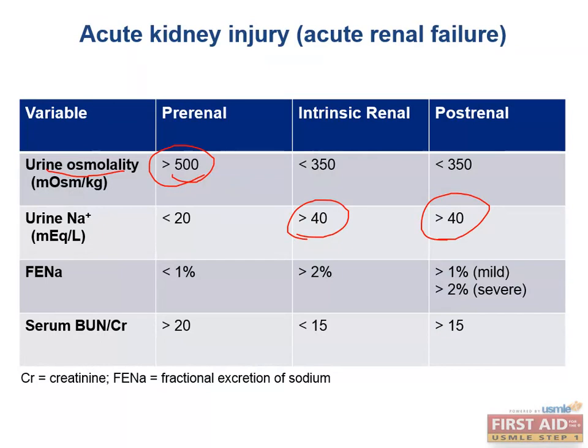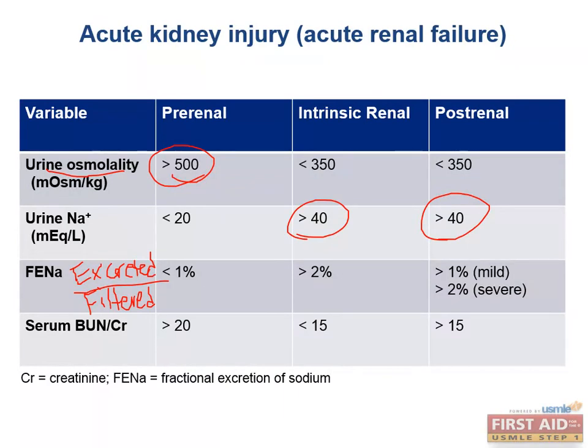The next variable we look at is the fractional excretion of sodium, which is the percentage of the sodium filtered by the kidney which is excreted in the urine. So it's the excreted sodium divided by the filtered sodium. And this is really important for distinguishing the different types of renal failures.